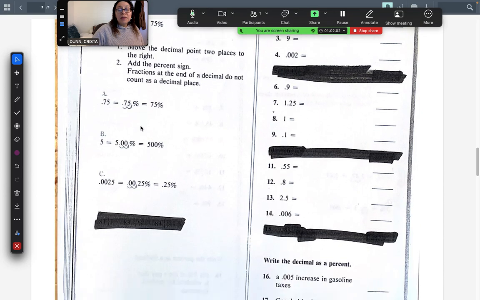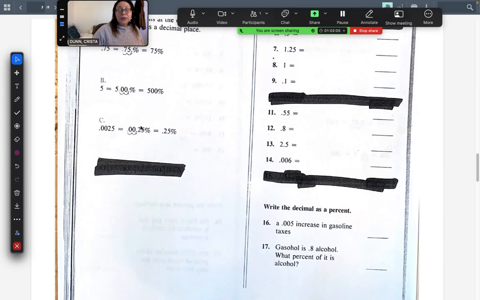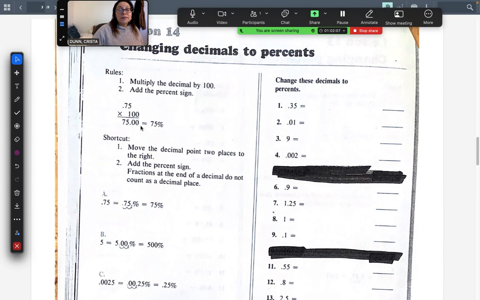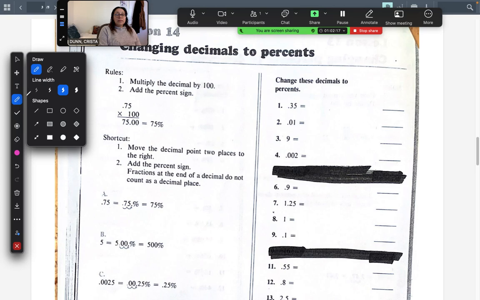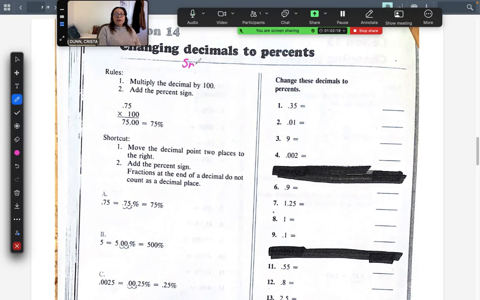So let's talk about page 24. Here, we're going to change decimals to percents. So a decimal, the small number, to the big number, the big inflated number, right?